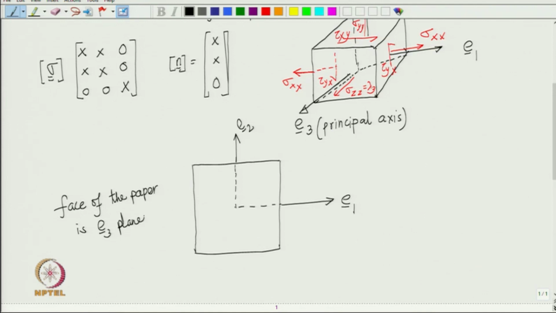So, on this face we only have sigma zz, right. So, we could put a circle with a dot to denote that we have got sigma zz here.